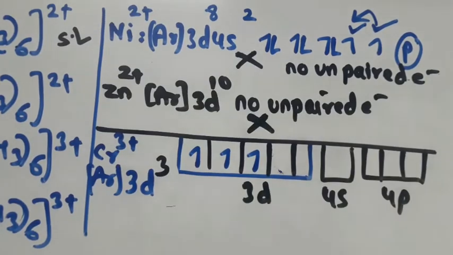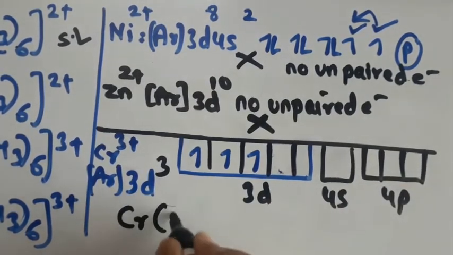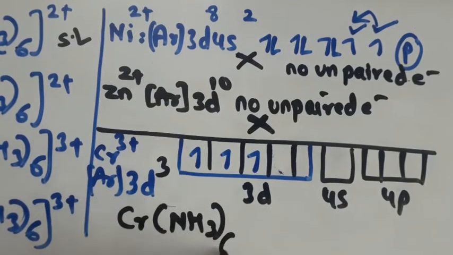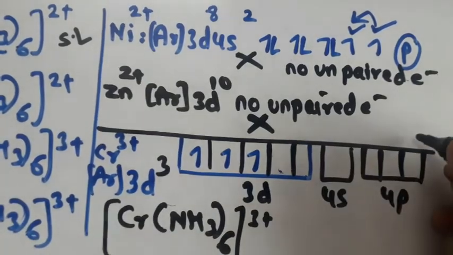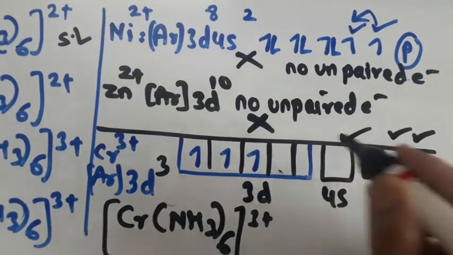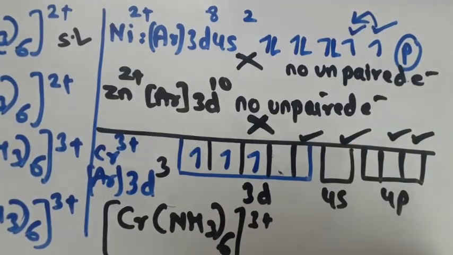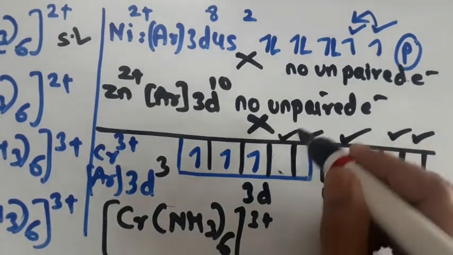Now don't forget we are talking about a complex wherein we are having chromium, NH3 and 6. There are 6 boxes which we require. So here we have 1 2 3 4, and 5 and 6.